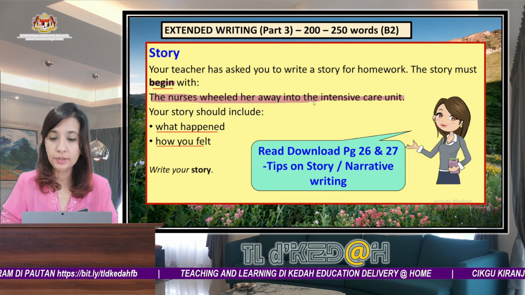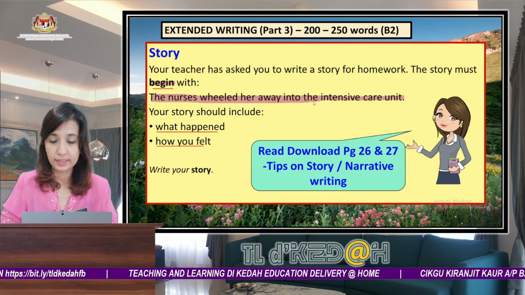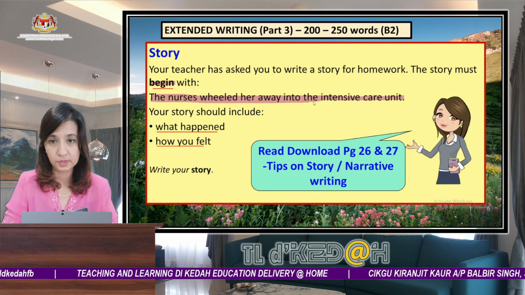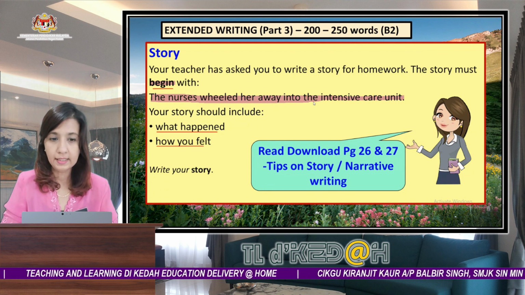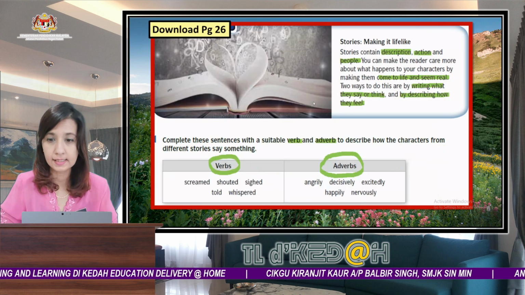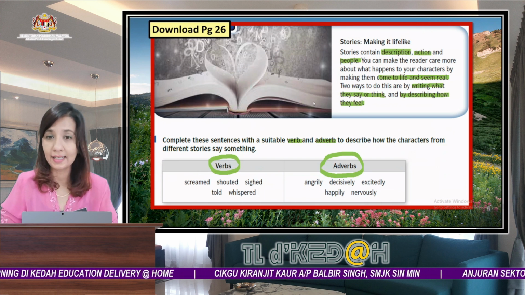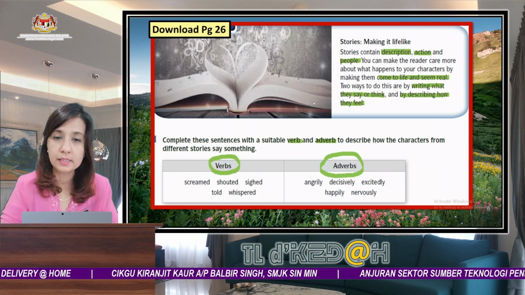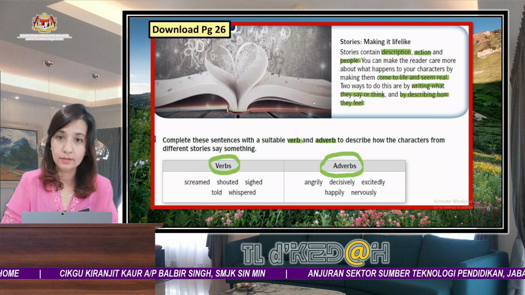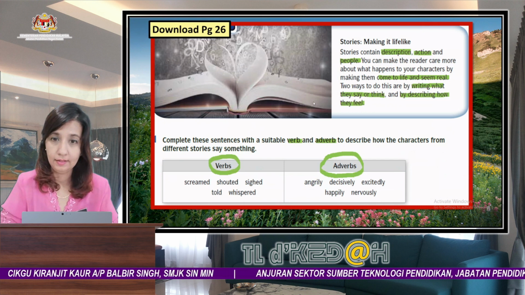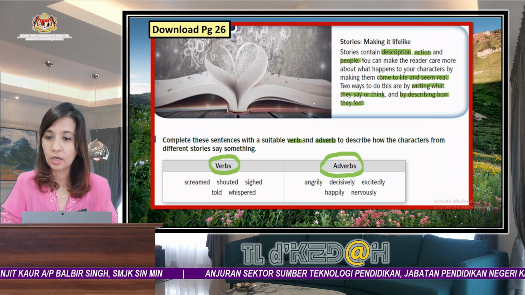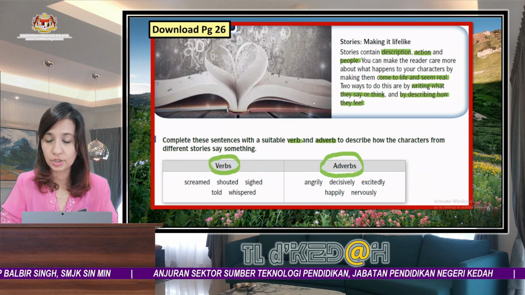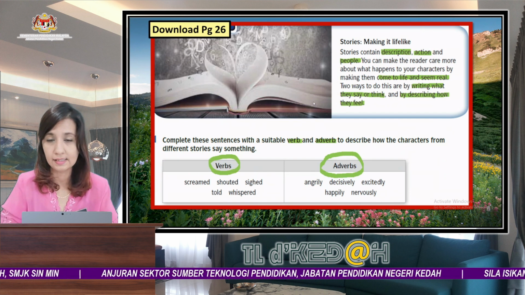You can look at the download page 26, 27. There are some tips on narrative writing. This is from page 26. Stories: making it lifelike. When you tell somebody a story, you want the person to understand the story well, to feel what you feel. Stories contain description, action, and people, characters.